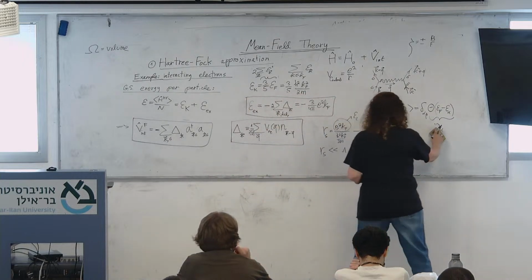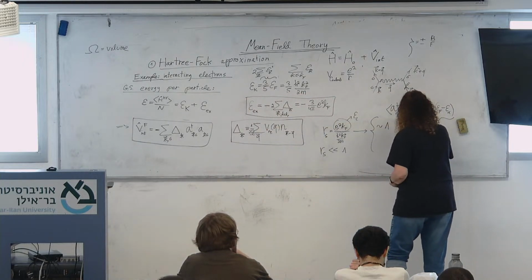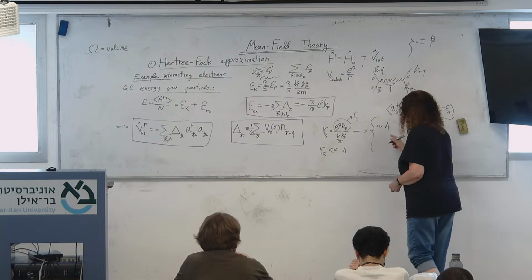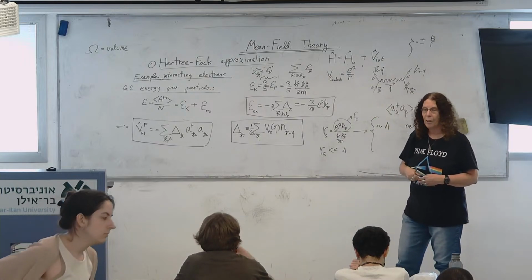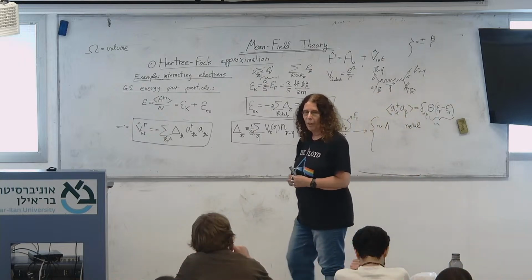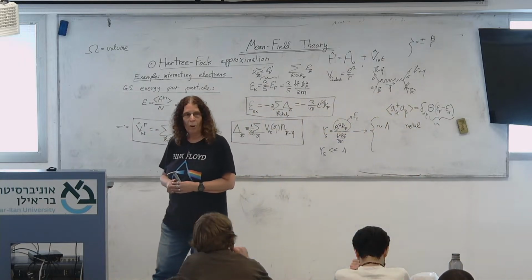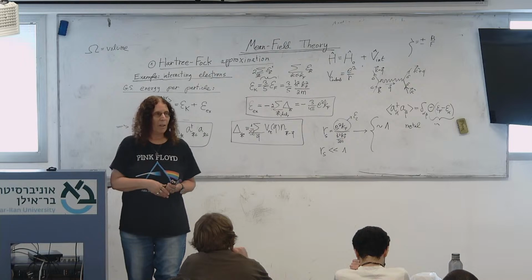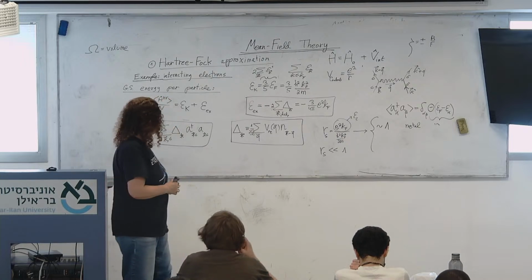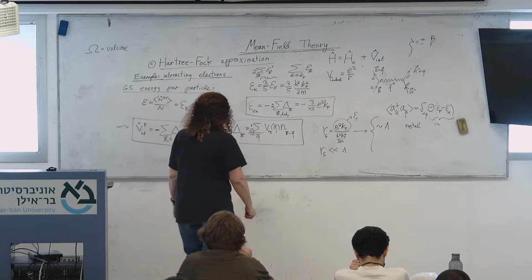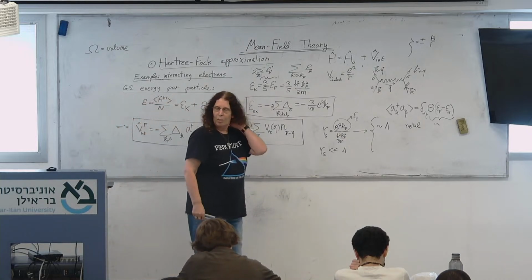This is for metals, but in materials that are not metals, some oxides with heavy elements, all those more interesting materials, very often this is not even small. It can actually be larger than 1, of order 10 or more.